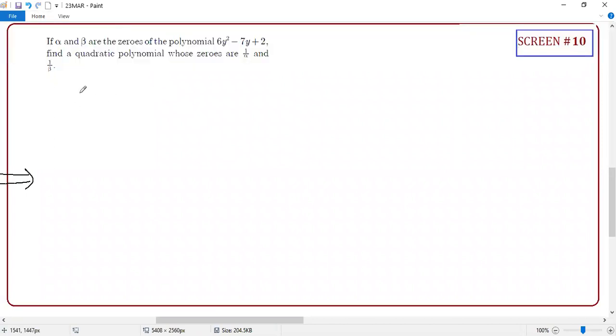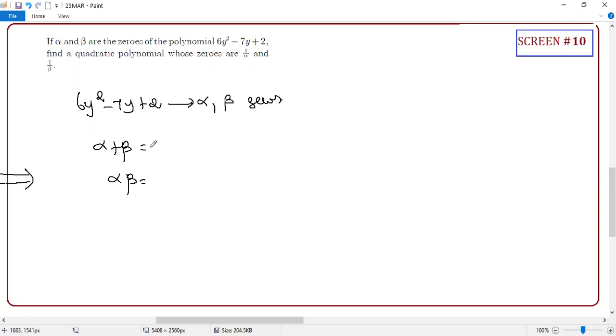Actually, for 6y square minus 7y plus 2, if they say alpha, beta are the zeros, what you can find immediately? Instead of alpha and beta, you can find sum and product. Sum is minus b by a, that is minus of minus 7 by 6, which is 7 by 6.